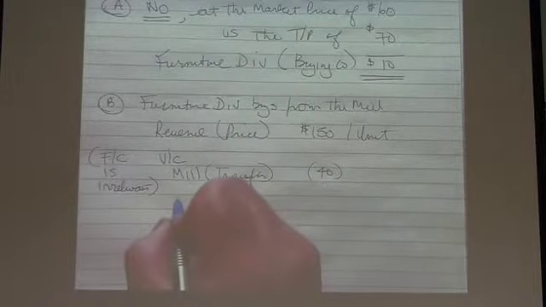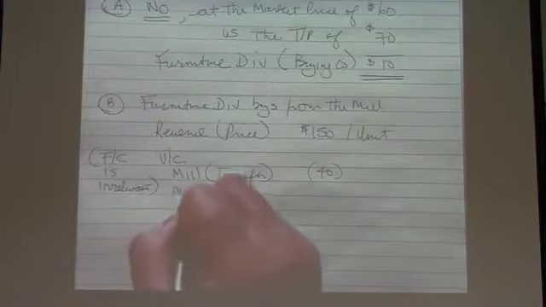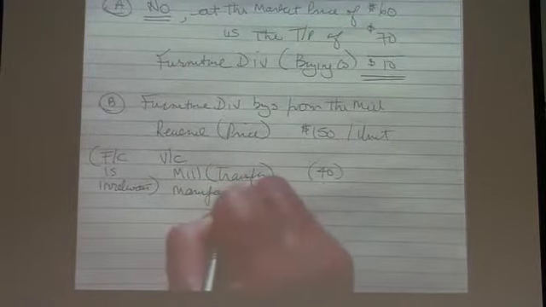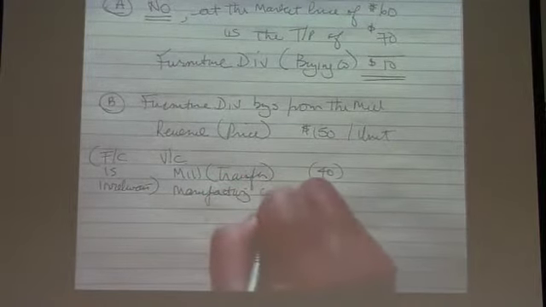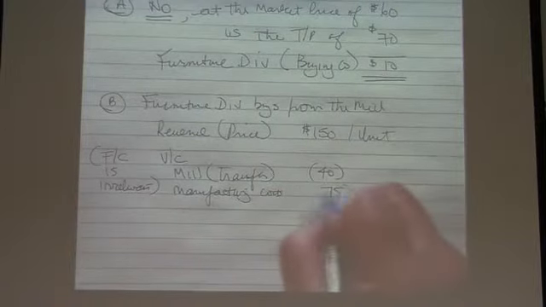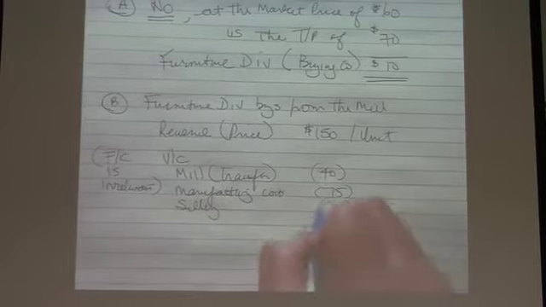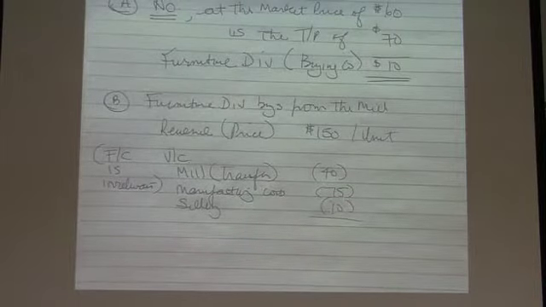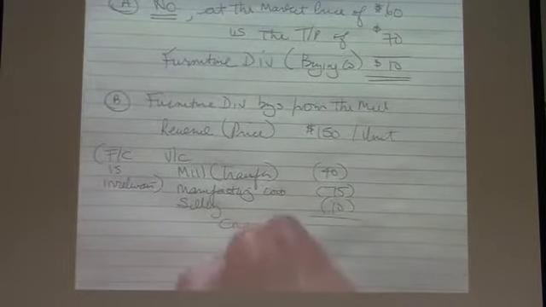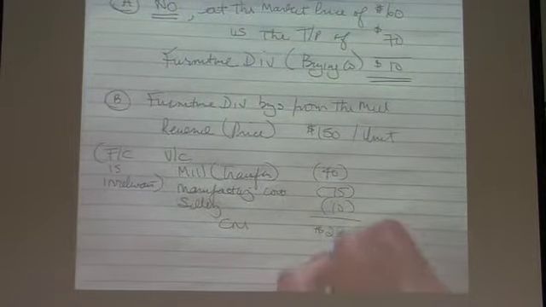You've got manufacturing cost is 75. You've got selling cost of $10. Those are all variable cost. So you've got contribution margin of $25.